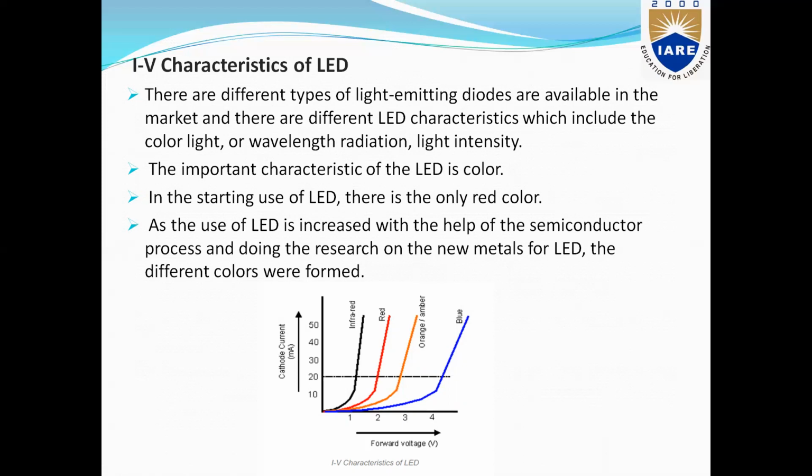In the early use of LED, there was only red color. As the use of LED increased with the help of semiconductor processing and research on new materials for LED, different colors were formed. Also, you can observe the graph. We have different types of colors of LEDs. On the x-axis we have voltage, and on the y-axis we have current. That is the IV characteristics.